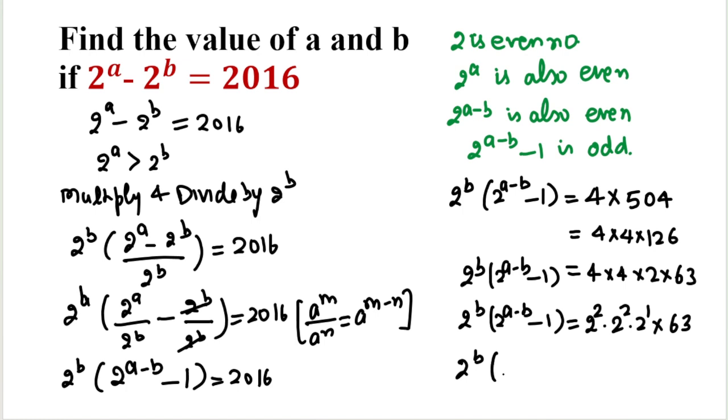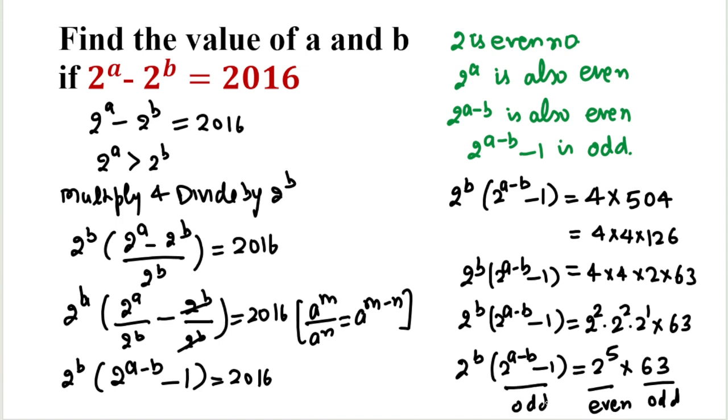So we get 2 power b into 2 power a minus b minus 1 equal to 2 power 2 plus 2 plus 1, that is 2 power 5, into 63. 63 is odd and 2 power 5 is even, and this 2 power b is even. Now equate even and odd numbers.